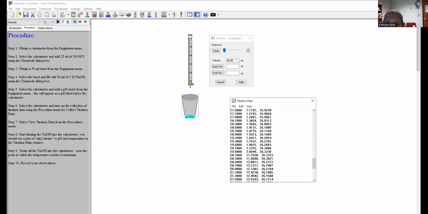And so this will give you the exact change in the reading that was obtained, and the middle document shows the pH and the exact change.